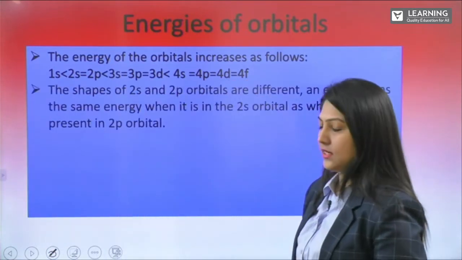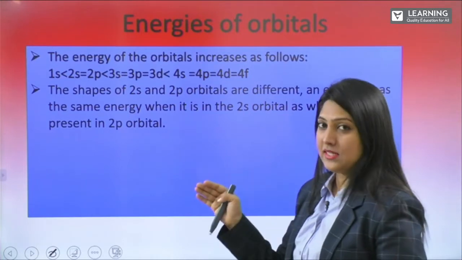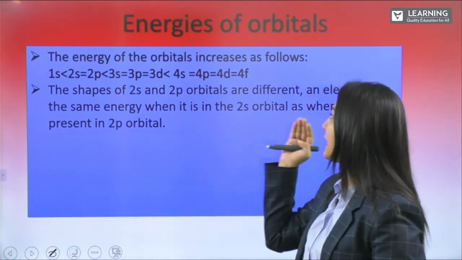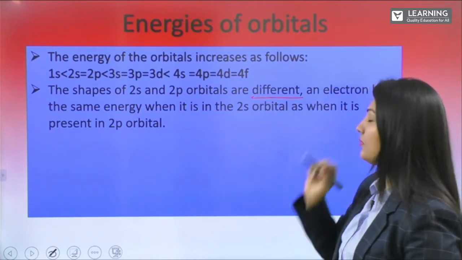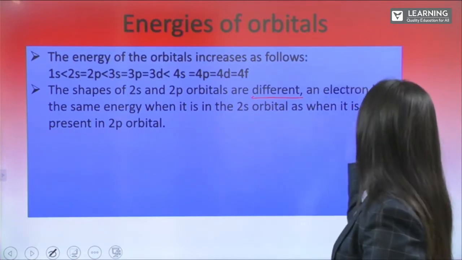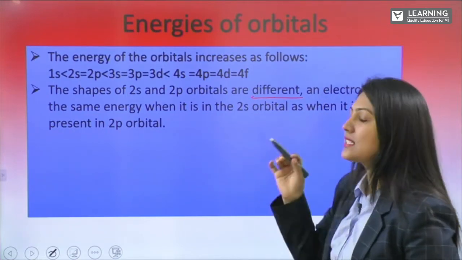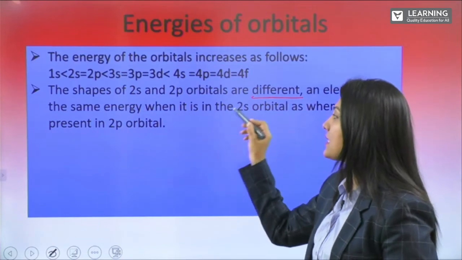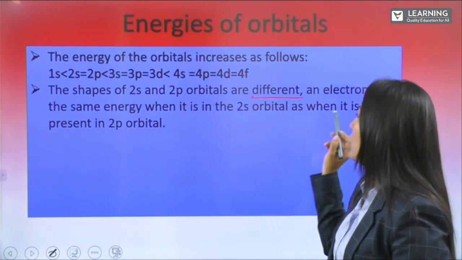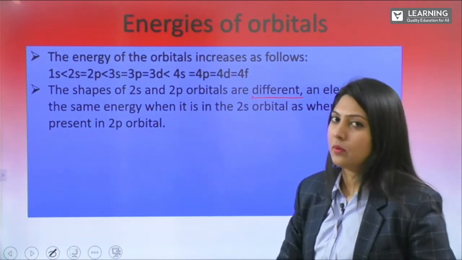The next point is the shape of 2s and 2p orbitals are different. An electron has the same energy when it is in the 2s orbital as when it is in the 2p orbital.